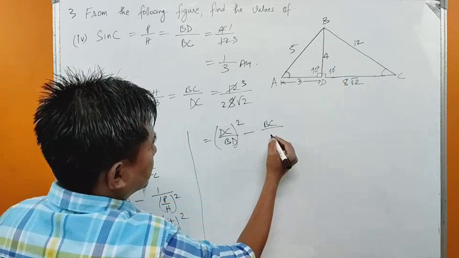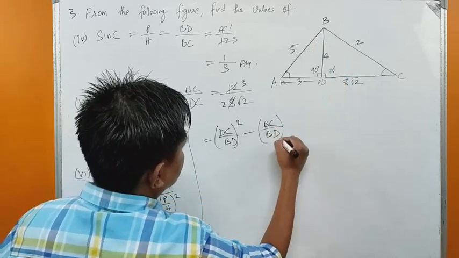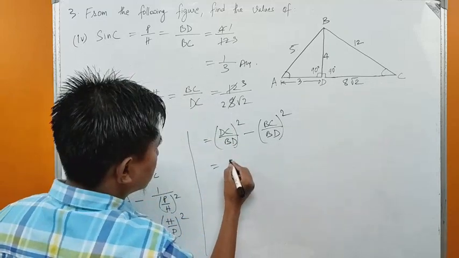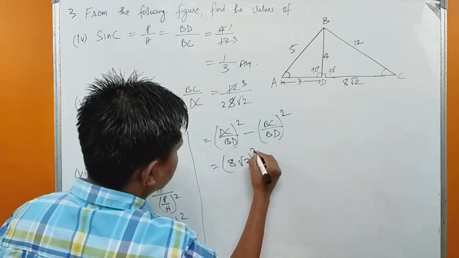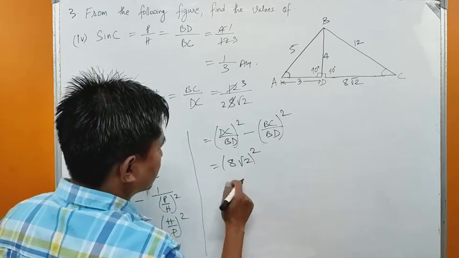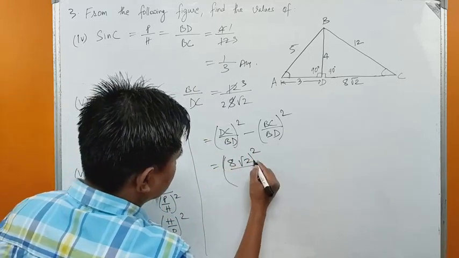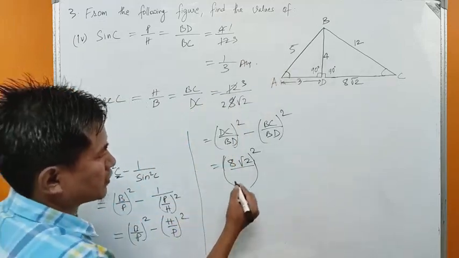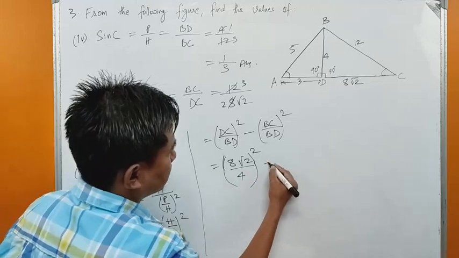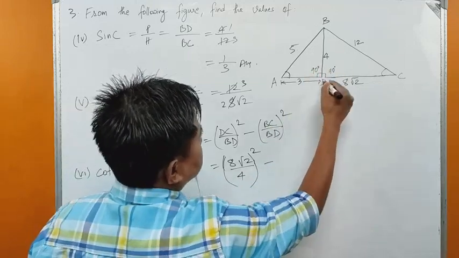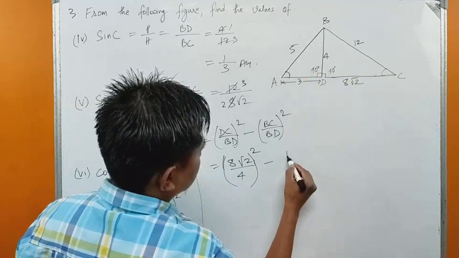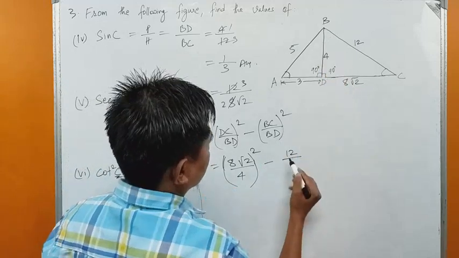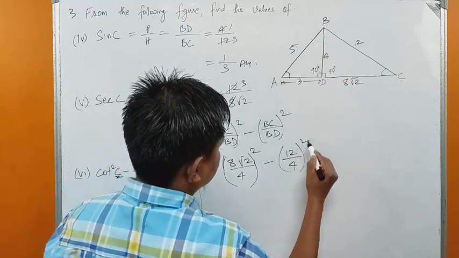Perpendicular is BD, whole squared. So this DC means 8 root 2 whole squared. So let me write this squared later. BD is 4, isn't it? 4 whole squared minus BC is 12 upon BD is 4 whole squared, isn't it?